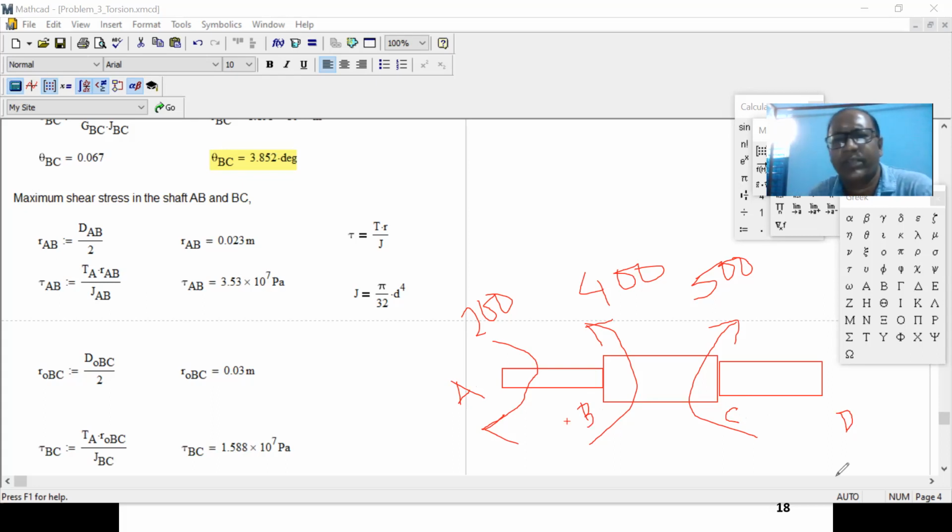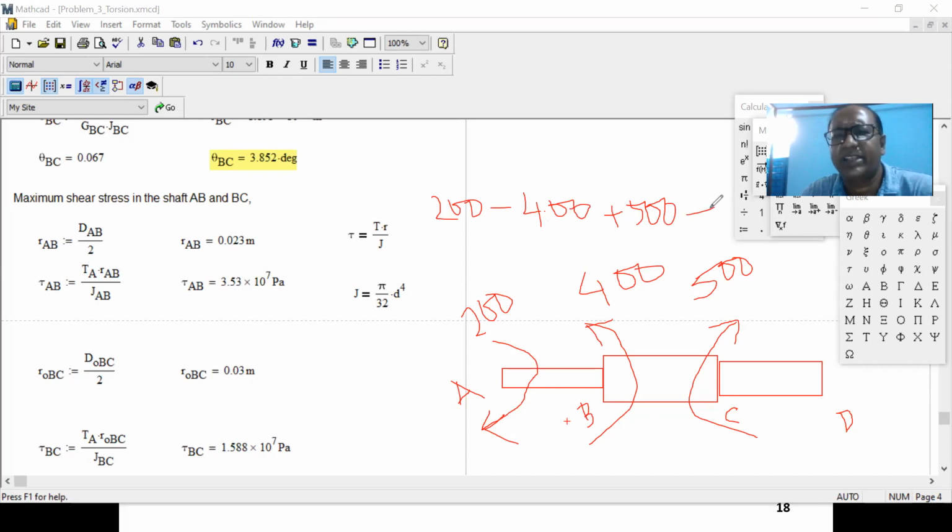How can you figure it out? You see, the summation of all torque has to be 0 for balancing. You see, if you think clockwise is positive, this 200 is positive, then this 400 will be negative. Again, this 500 will be positive. How much are you getting over here? 700 minus 400, so 300 unbalanced, right?